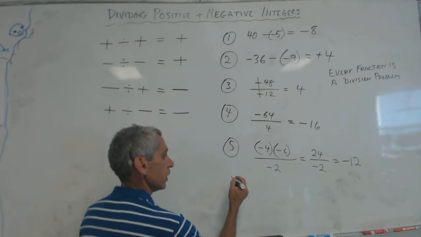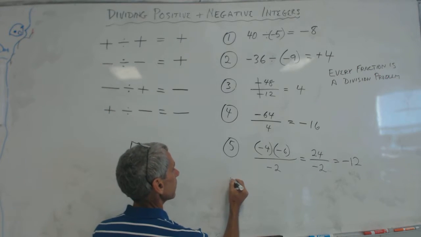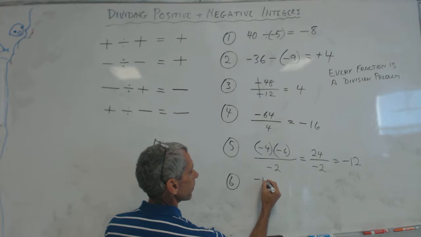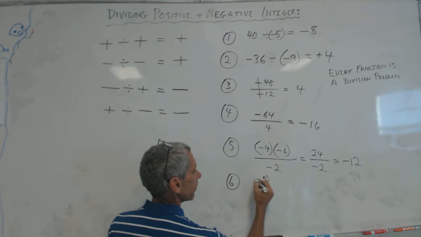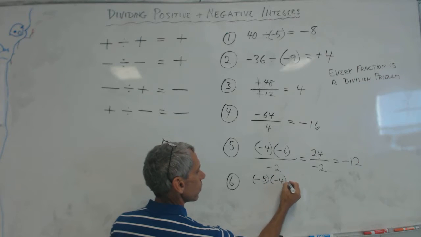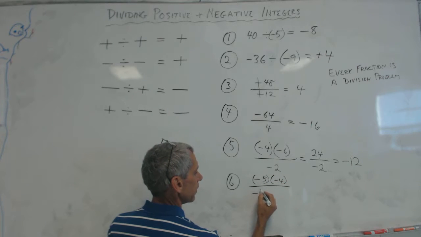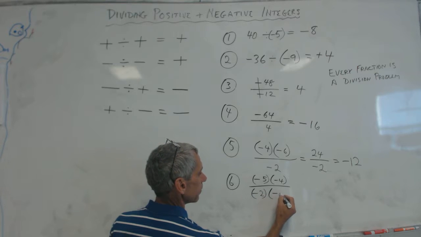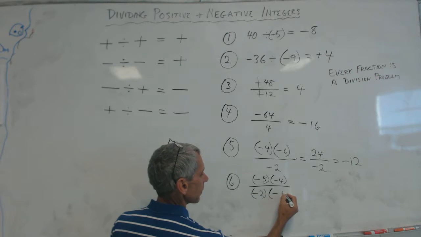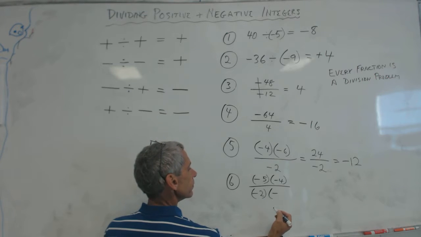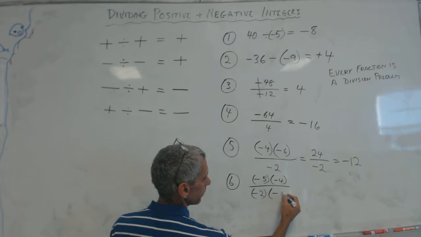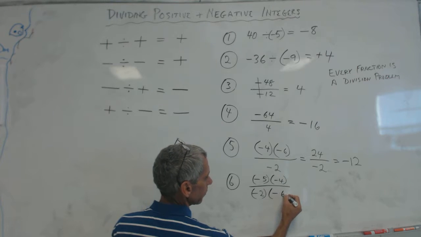What if I gave you this? Negative 5 times negative 4 over negative 2 times negative 6.